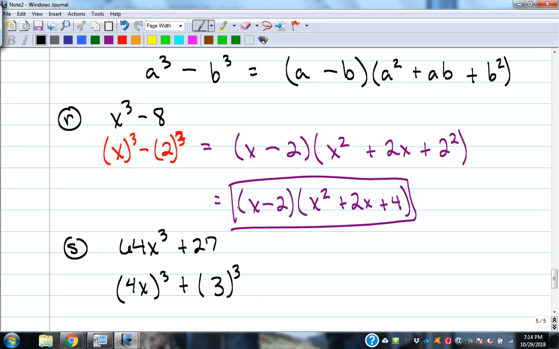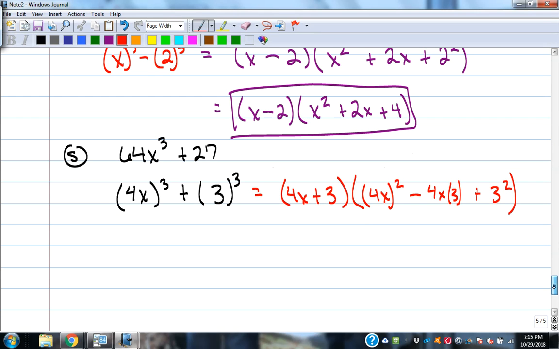Okay. Factors, short piece, 4x plus 3. Long piece, you're squaring 4x, multiplying 4x times 3 in the middle, and then squaring 3. What do you get when you square 4x? 16x squared, right?